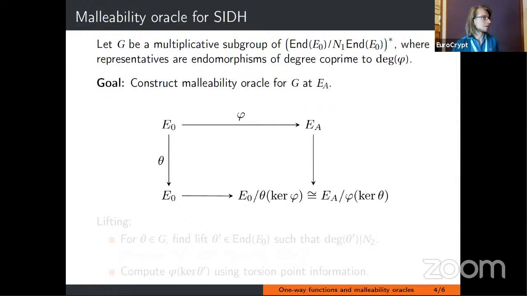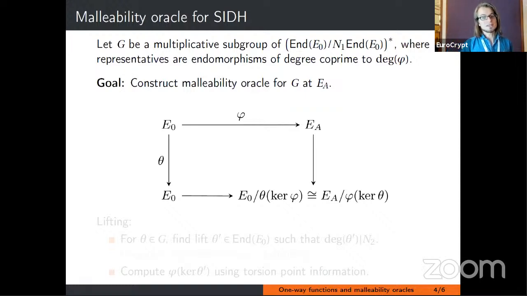Basically, we identify certain isogenies that have both as domain and codomain the starting curve, so it's an endomorphism, and that have the same action on the secret key space of a participant, say Alice. And for this group, we take an abelian one, and we construct a malleability oracle under certain conditions.